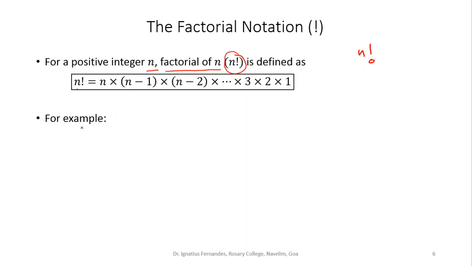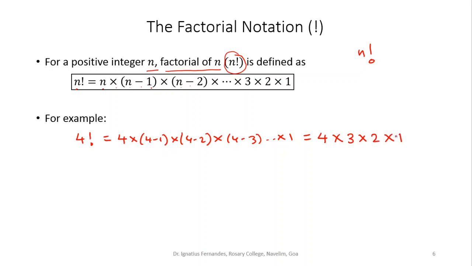Let's say for example, I have to write down 4 factorial. So this n is equal to 4. Start with 4, then into 4 minus 1, into 4 minus 2, till you reach 1. So this will be 4 into 4 minus 1 into 4 minus 2 into 4 minus 3, which you directly write as 4 into 3 into 2 into 1.